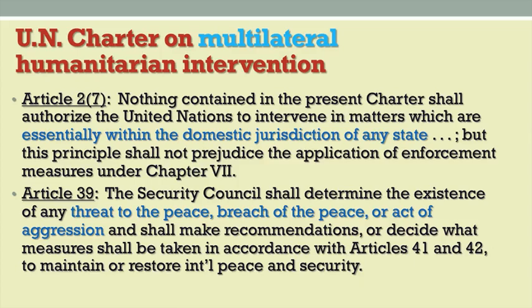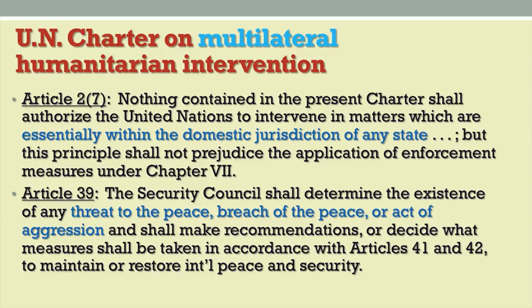And Chapter 7 is the provision that gives to the United Nations Security Council the authority to determine and respond to any threat to or breach of the peace or act of aggression, and to decide how to respond, and indeed how to authorize, and in some instances require, member states to respond as well.